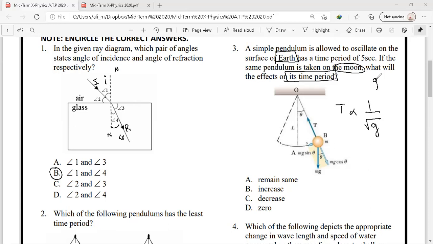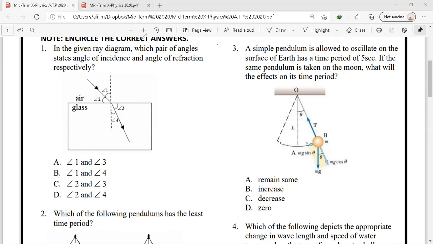At the surface of Earth, gravitational acceleration is around 10 meter per second squared, and gravitational acceleration on the moon is 1.6 meter per second squared. As on the surface of the moon the gravitational acceleration is low, the time period will increase. So the correct answer for question number 3 is option B.